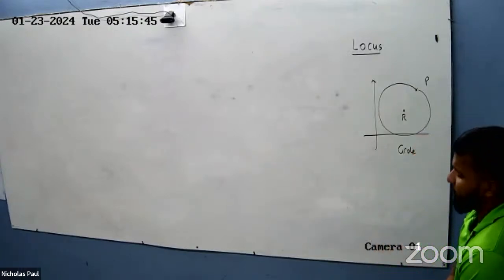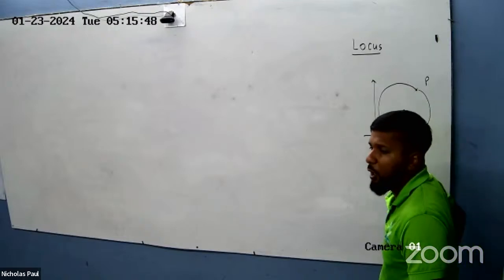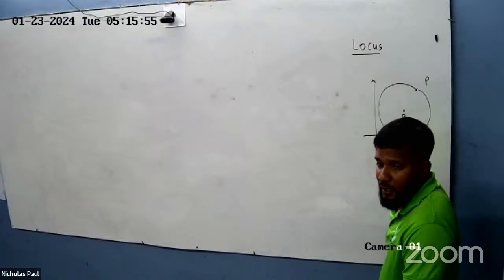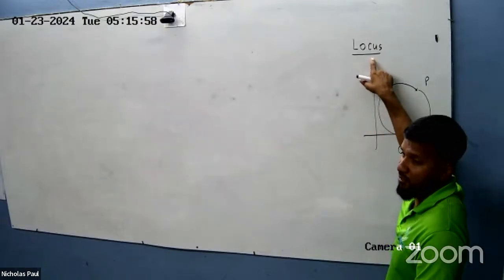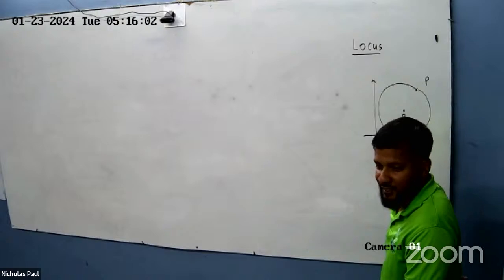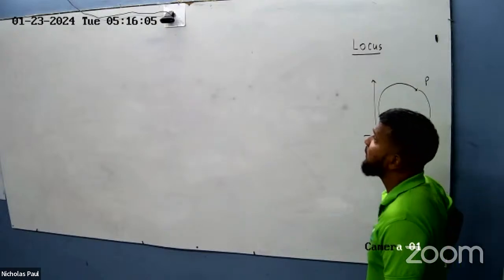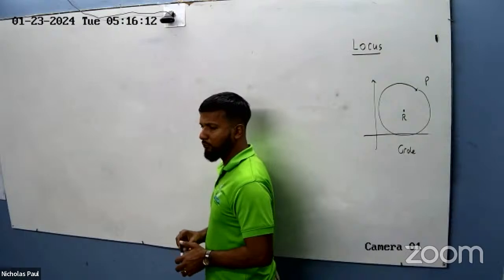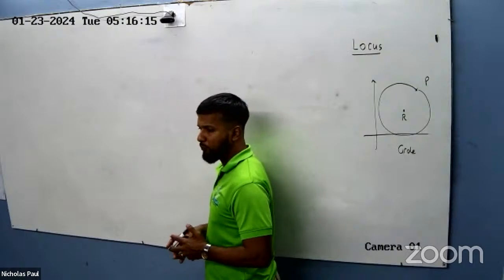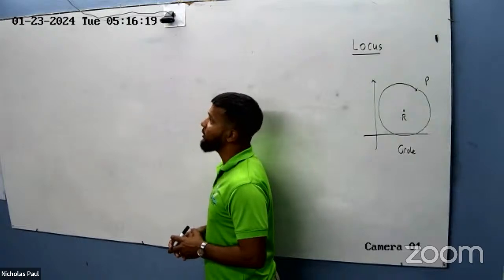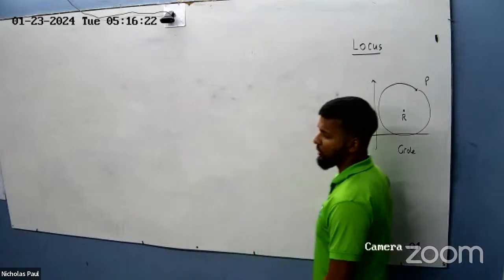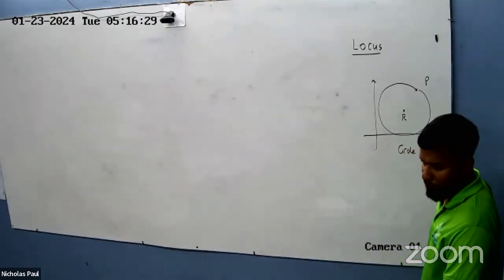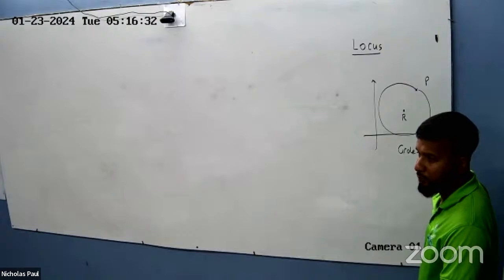So the locus of a point is the path the point will trace out when given certain conditions. That's okay?